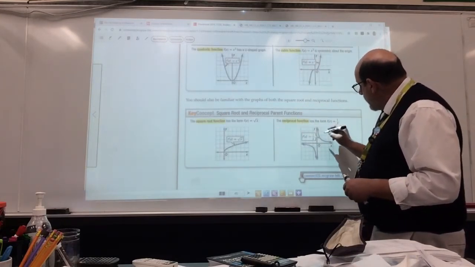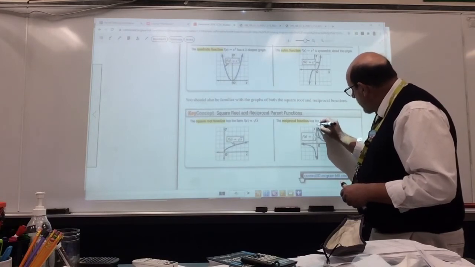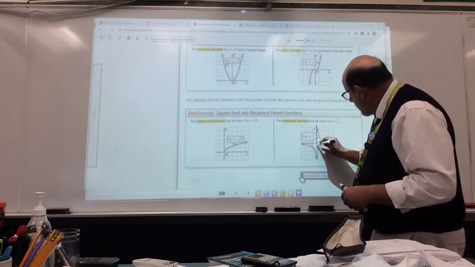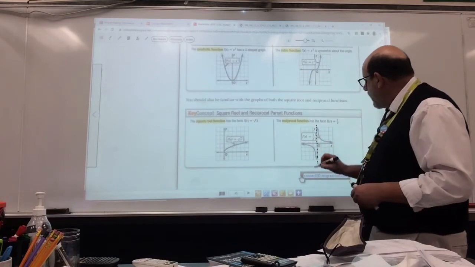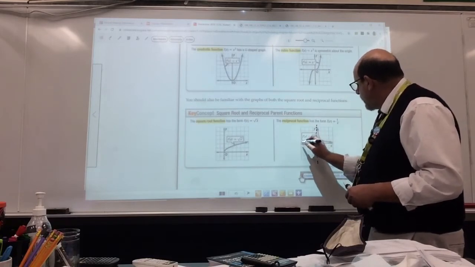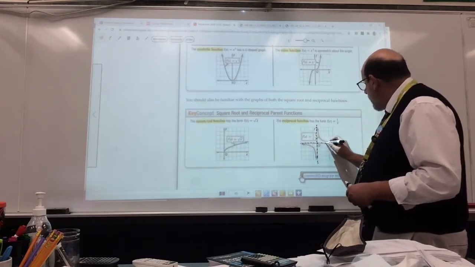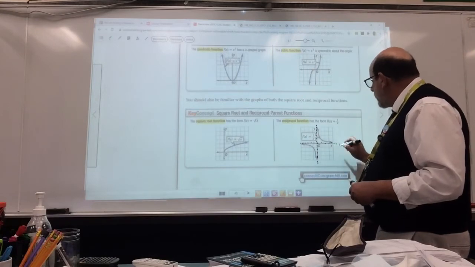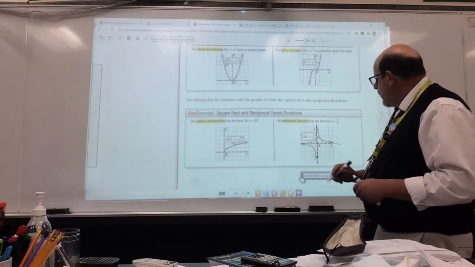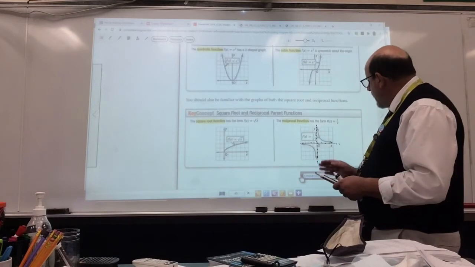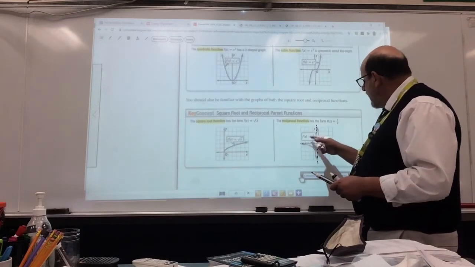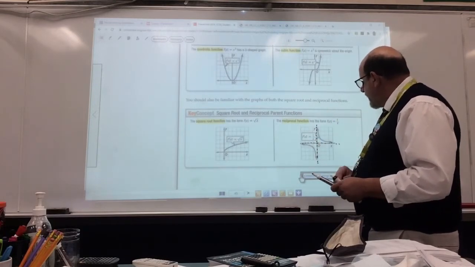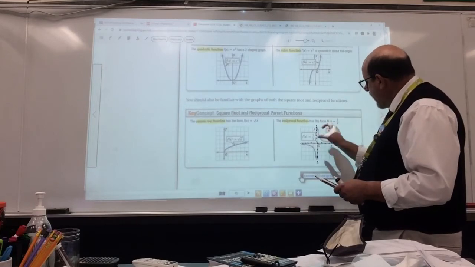Okay, so this has the 2 asymptotes. It has an asymptote here at 0, and it has another asymptote here at 0. And what that means is it never actually reaches 0. If x is 0, it doesn't exist, right?